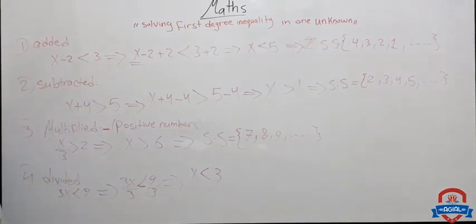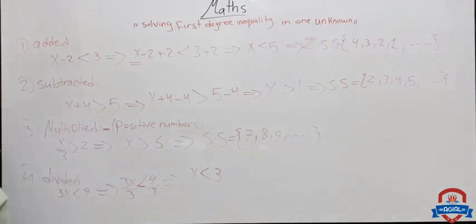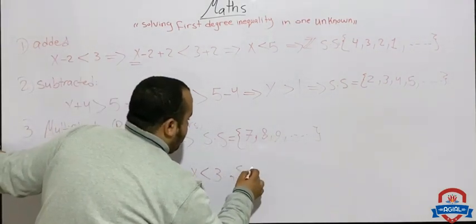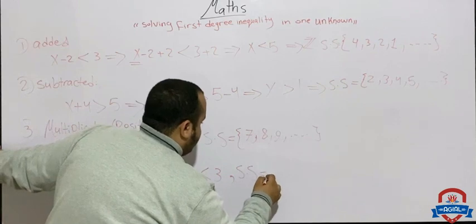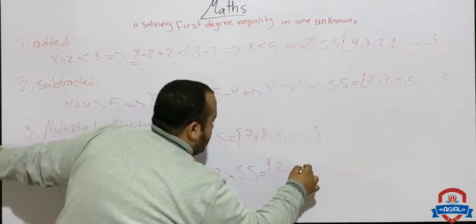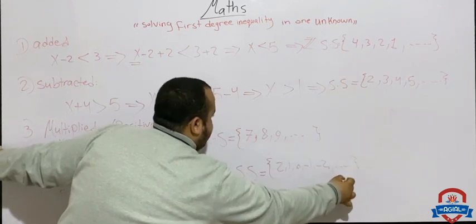So the solution of this inequality equals all the numbers less than 3. So the solution set in the set of integer numbers equals the set of 2, 1, 0, -1, -2, and so on.